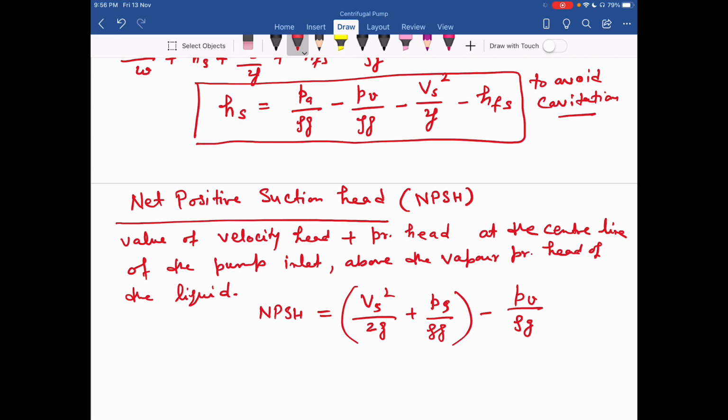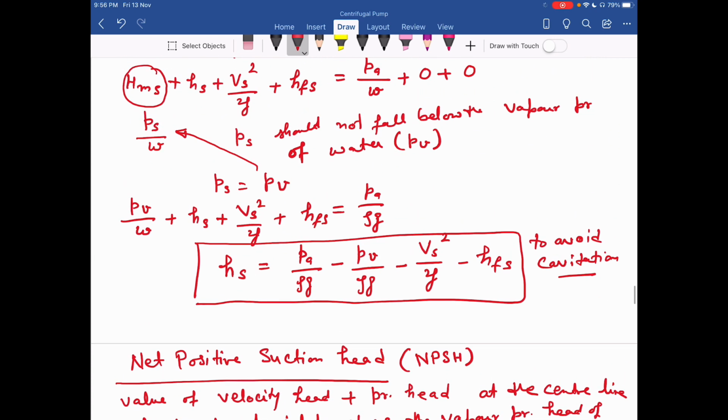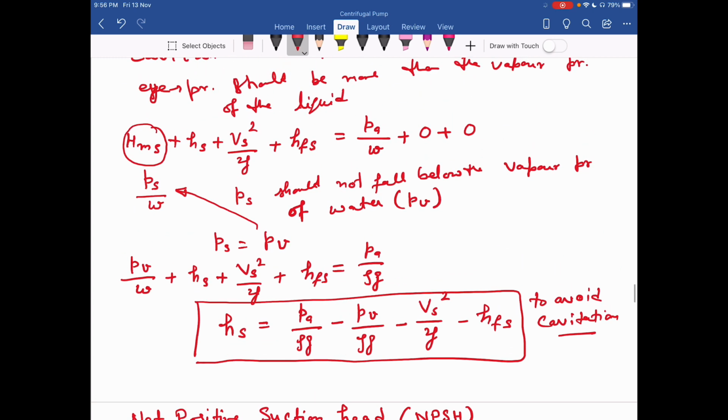Now you can also see from the above equation, from this equation I can write Ps by W, that is rho G, equal to Pa by W minus Hs minus Vs square divided by 2G minus HFS.